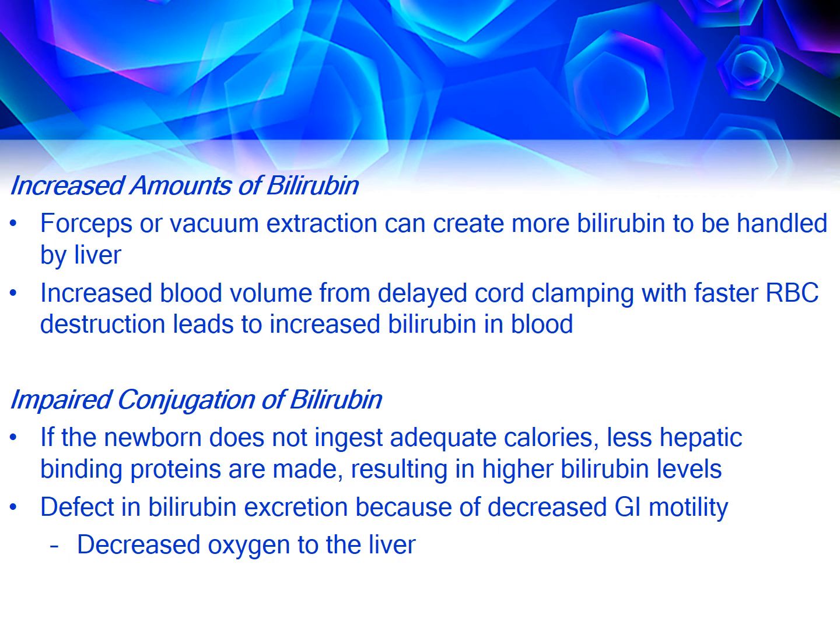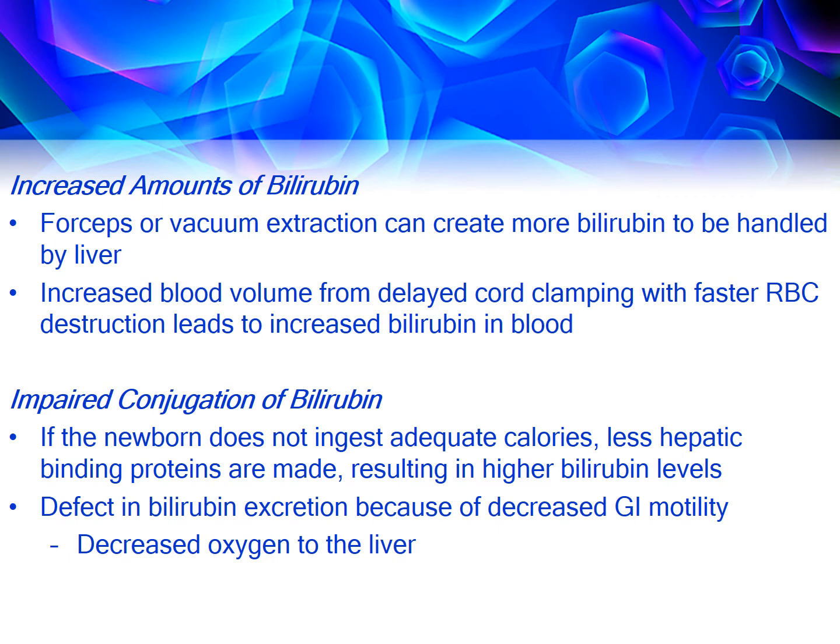In other words, when the baby is born, instead of immediately putting the clamp on, they'll actually leave it until the cord looks like it's drained of blood. They let the blood finish going to baby, and they wait until there's no pulsation, and then they clamp the cord. So this is increasing the amount of blood that is given to our baby. More blood leads to more red blood cell breakdown, leading to an increased bilirubin.